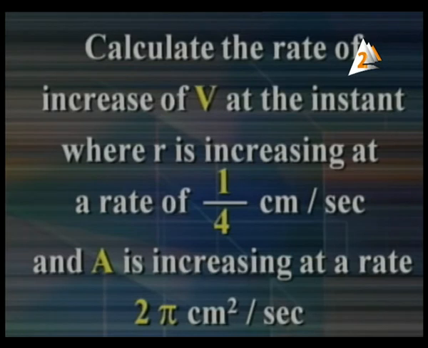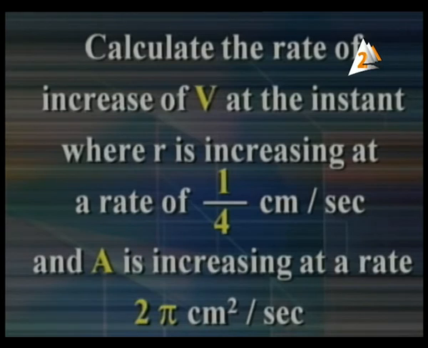After that, we find dV/dt, the differentiation of volume with respect to time t. Also, we find the area of the sphere using area = 4πr². After that, find dA/dt. Why? Because dA/dt means the increase of area with respect to time.